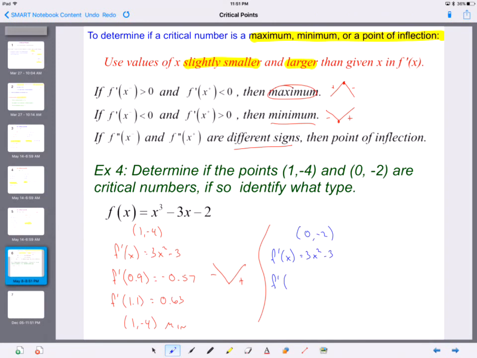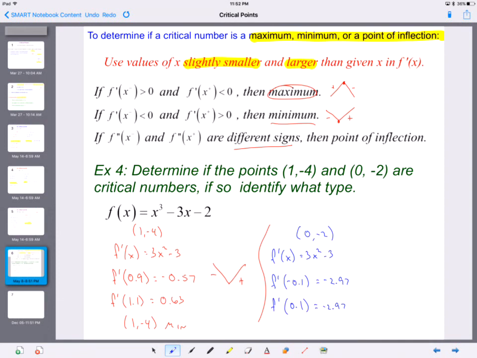And so we're going to pick, at 0, we'll just do negative 0.1. We'll figure out what the slope is there. We'll also figure out the slope on the right hand side of 0, which is 0.1. We'll work for that. And so when I calculated these, I came up with negative 2.97 and negative 2.97.